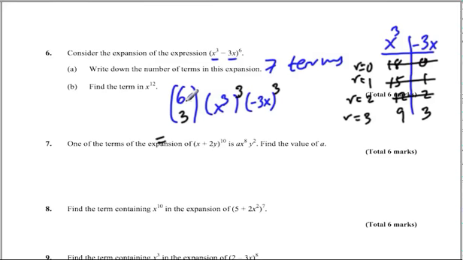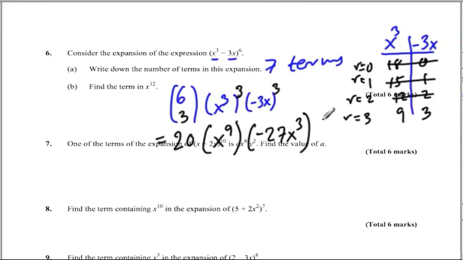So if we expand this, 6 choose 3, I'm just going to do that in my calculator right now. 6 choose 3 is equal to 20. So it's equal to 20 times x to the power of 9, right? And this is negative 3 to the power of 3, which is negative 27 x cubed, right?